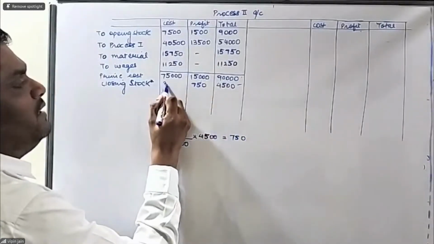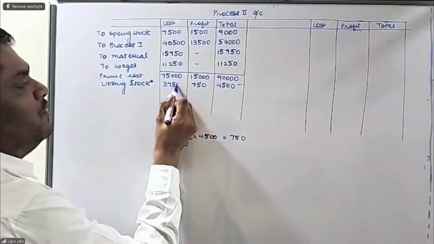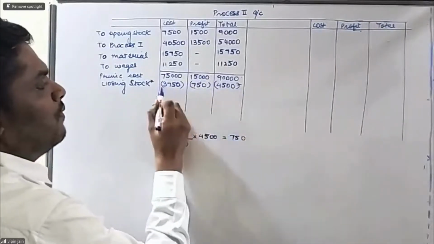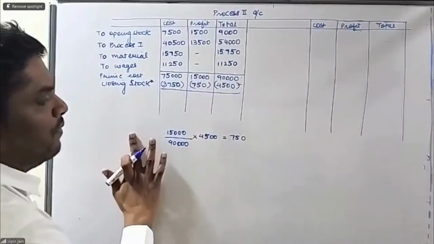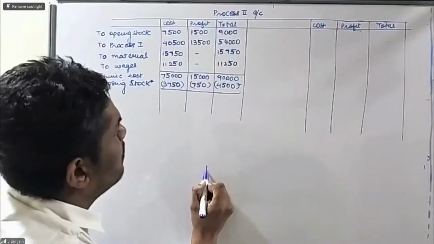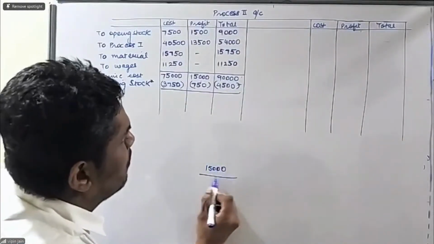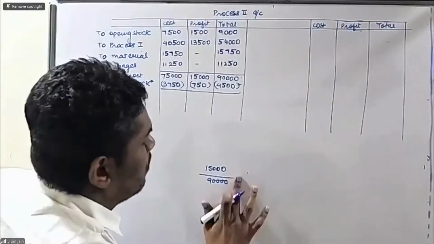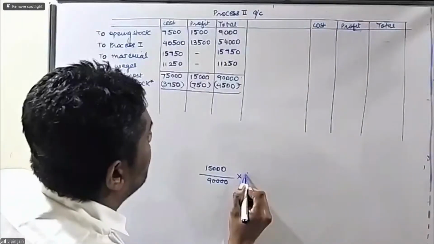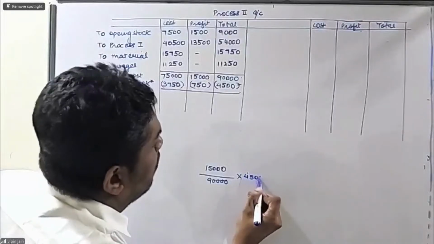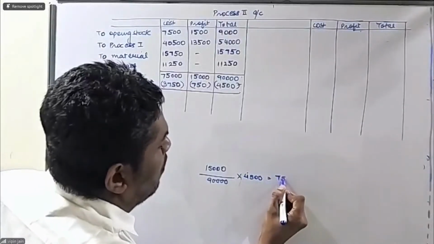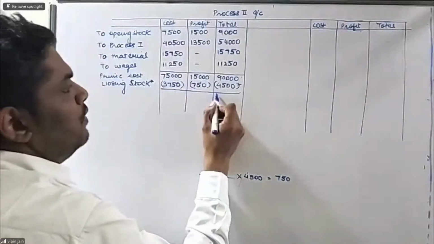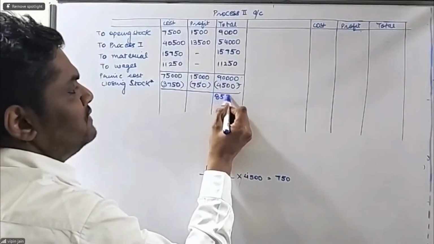So this will be 3,750. So this will be 85,500.